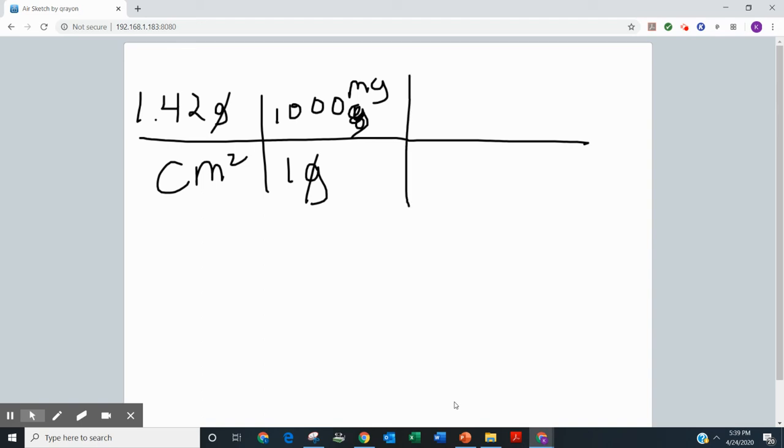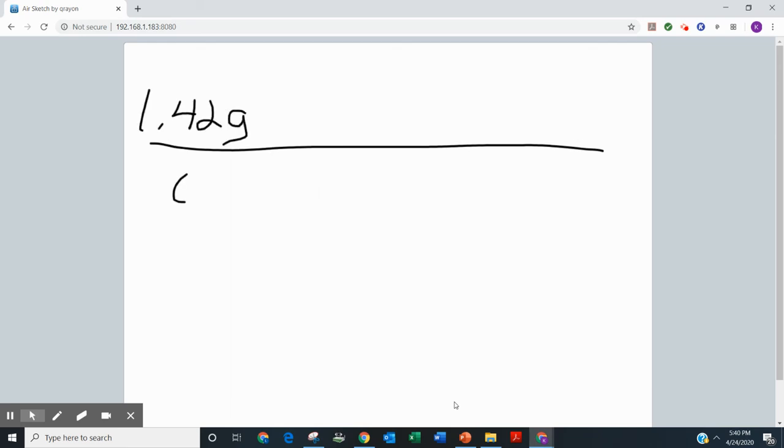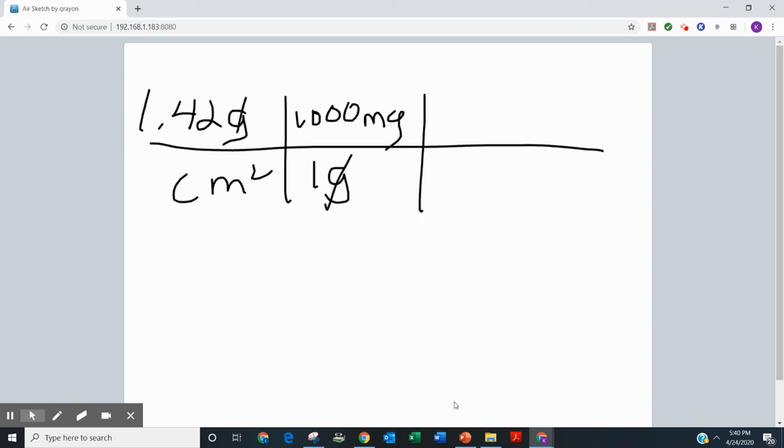And then I know that there are 1 centimeter, and that's 10 millimeters. And that's wrong. So 1.42 grams per centimeter squared, 1 gram, 1,000 milligrams, 1 centimeter, 10 millimeters.